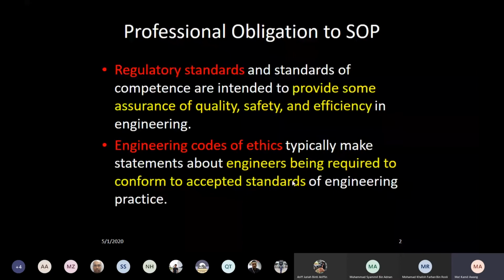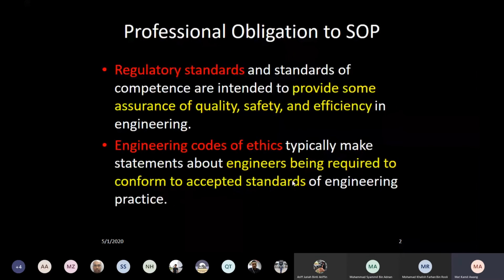It can be embedded into the laws, into the Act of Parliament, such as in Malaysia where we have the Engineers Act, or it can be a code of conduct prepared by the body which governs the engineering profession.